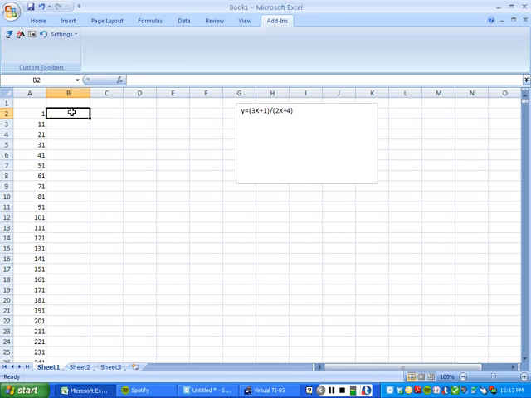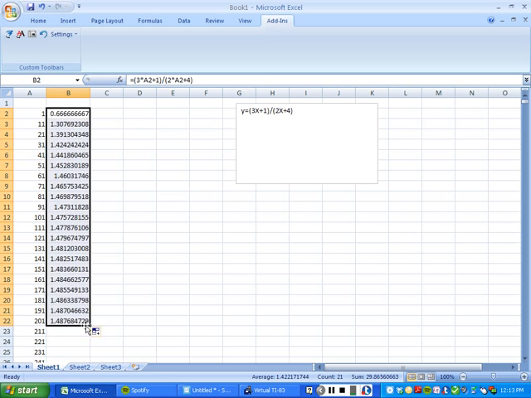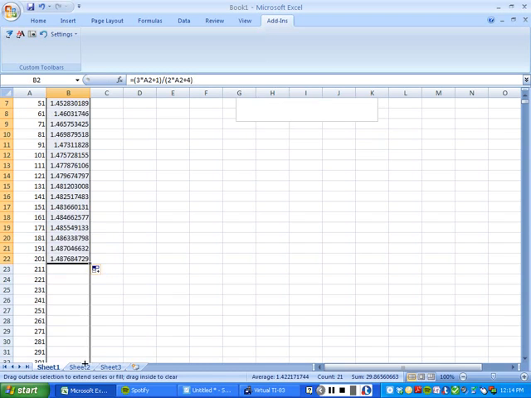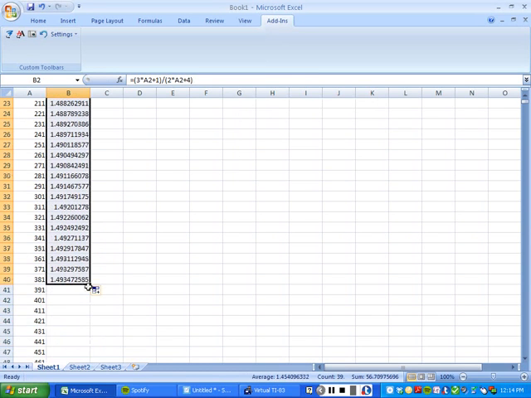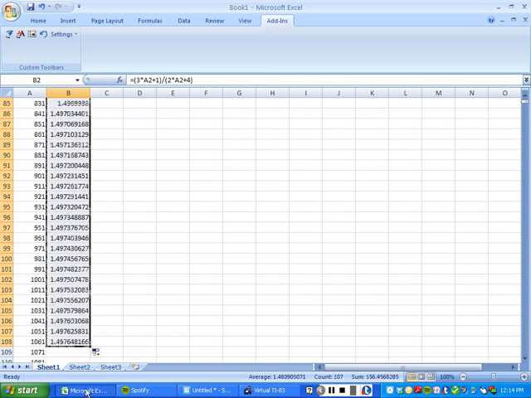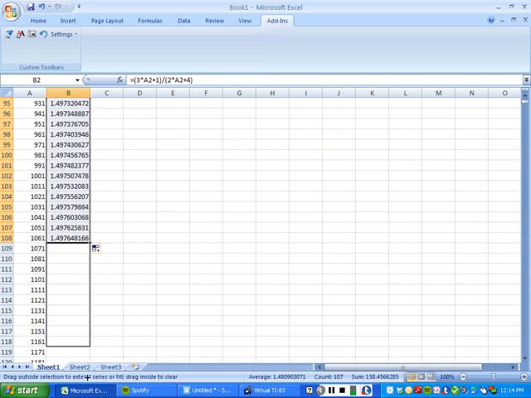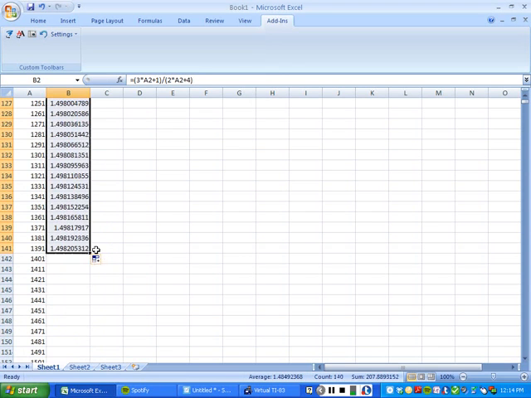So if I look at a problem like that, it would be equals 3 times this number plus 1 divided by 2 times this number plus 4. And what happens here? Let's take a look. Watch as it starts to approach a number. What number is it getting close to? It's getting closer and closer and closer to 1.5.